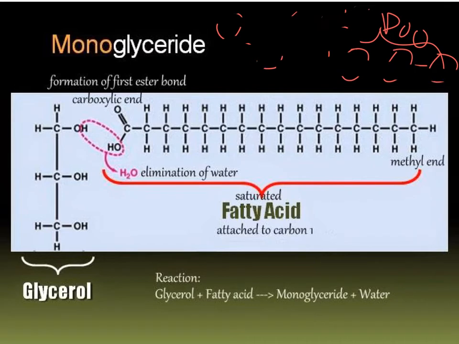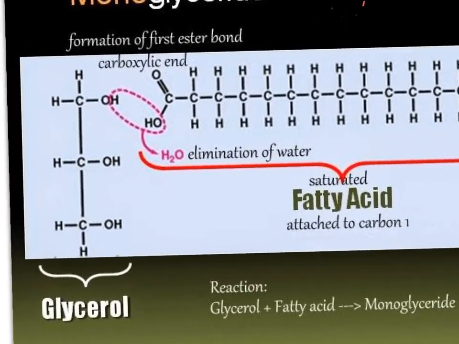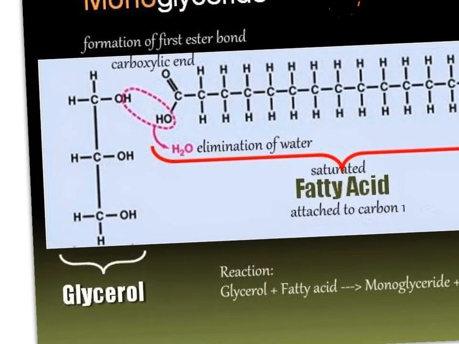So I'm going to try to erase this. Let's see if I can erase these things more quickly. In lipids, the way that these fatty acids are added is they are added to another molecule. And so the molecule that they're added to is called glycerol.